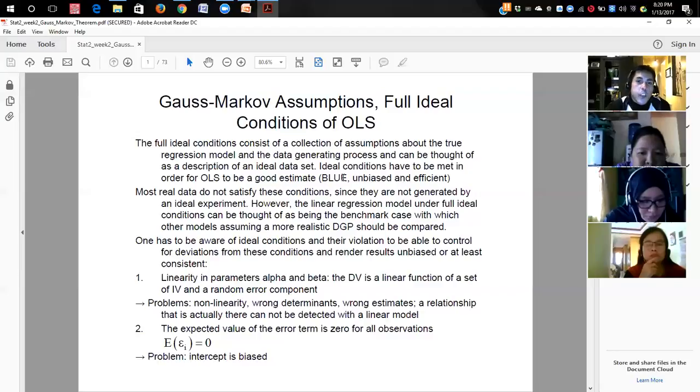That's the job of the ordinary least squares mathematics. One has to be aware of the ideal conditions and the different violations, because if we know the possible violations of these assumptions, then we can control the deviations from this condition that may render your results biased or inconsistent.